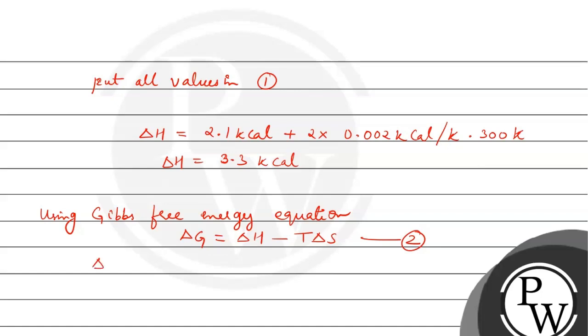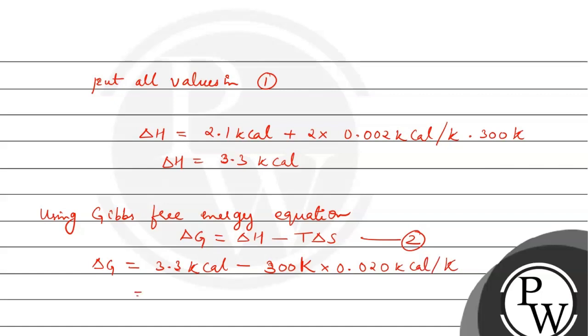So therefore delta G will be, delta H which we calculated just now, 3.3 kilocalorie, minus temperature given in the question, that is 300 Kelvin, into delta S which is also given, it is 0.020 kilocalorie per Kelvin.